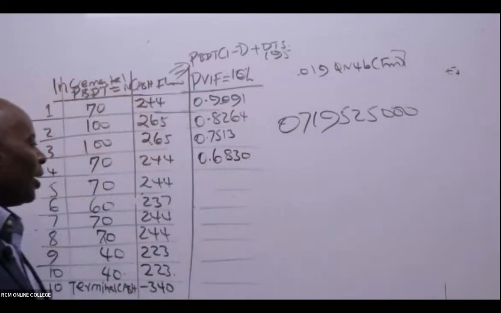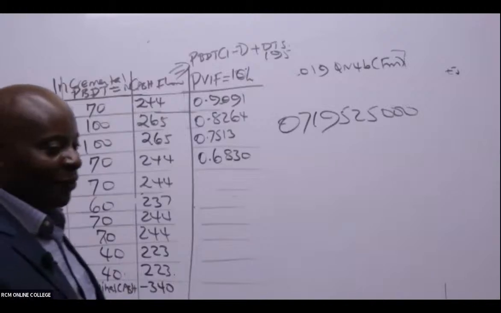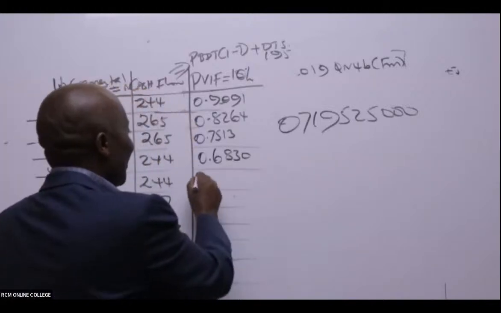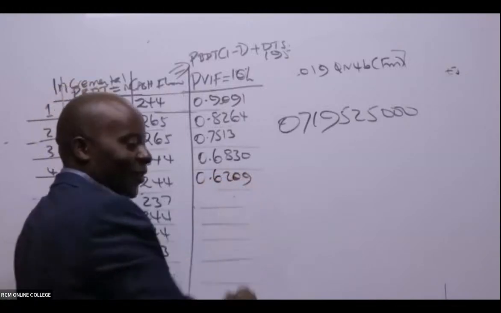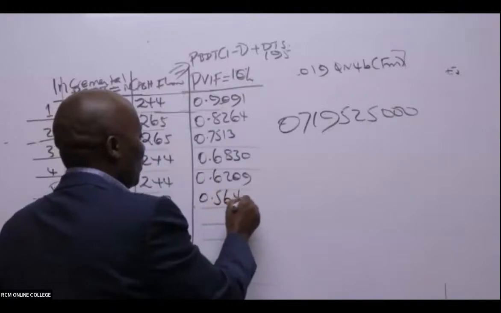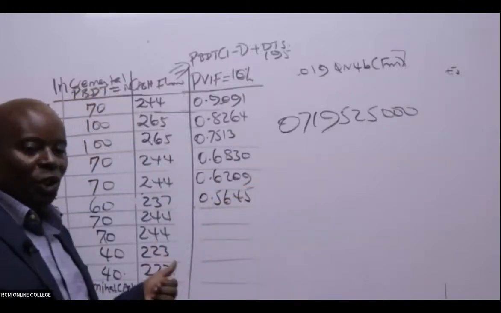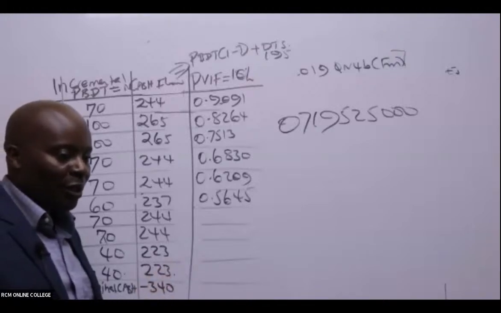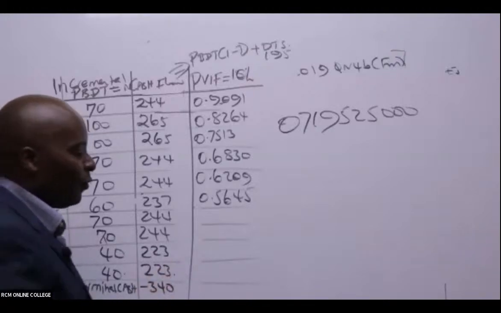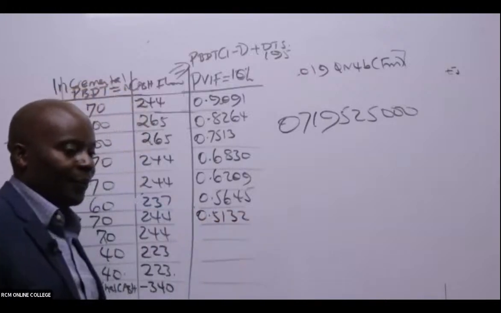Year number five, 0.6209. Then 0.5645, and 0.5132.